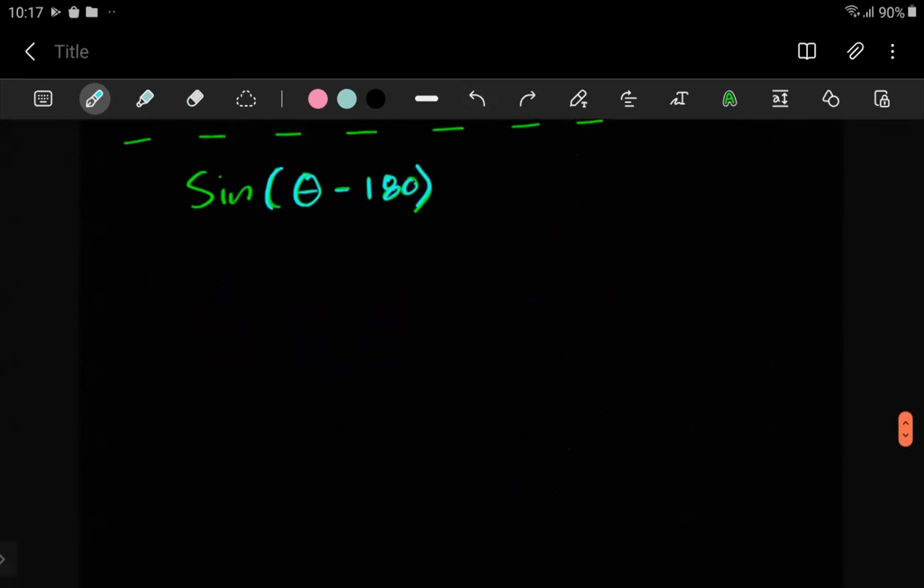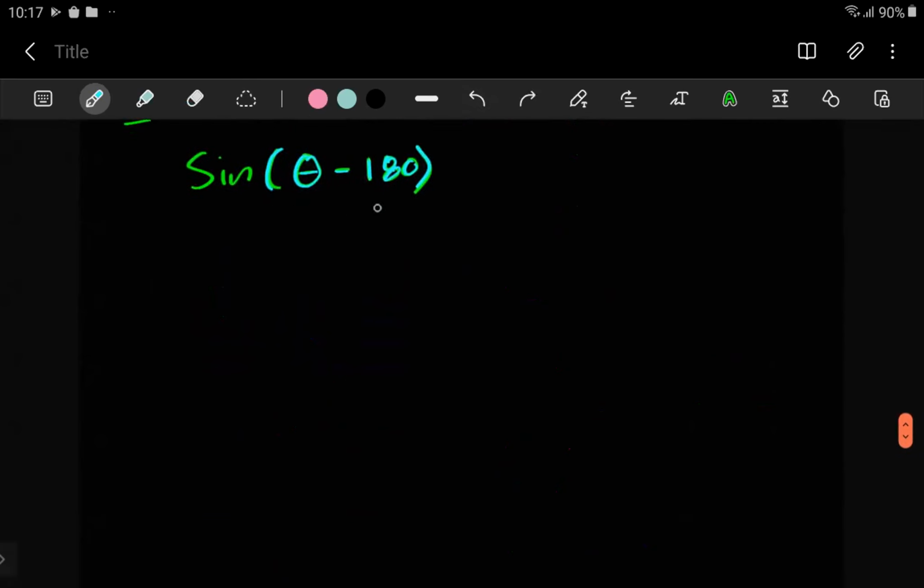Let's just start from here. If you want to see what this is equal to, because the 180 and the theta are swapped around, you can write them in the way that looks more normal. So the 180, you put first with its sign, and then the theta with its plus, because this is technically a plus, and this is a minus. You see that? We just swap them around.